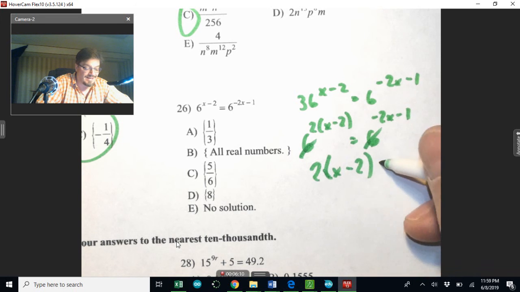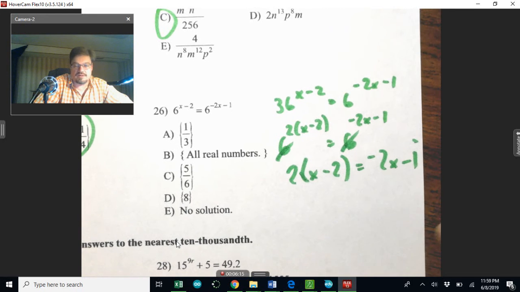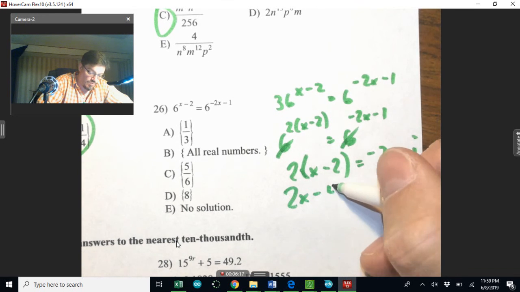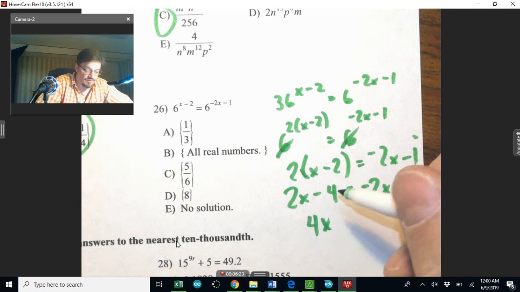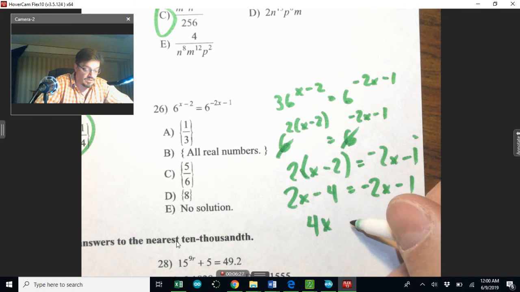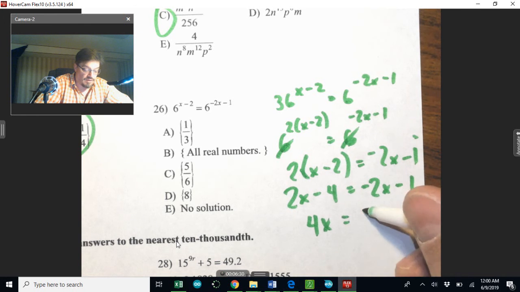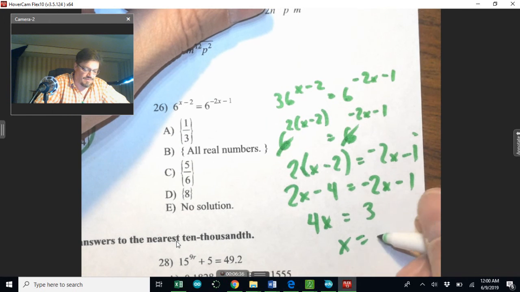You're left with 2 times x minus 2 equals negative 2x minus 1. So 2x minus 4 equals negative 2x minus 1. Let's move this over here to get 4x, and move this over here to get 3. Now I'm going to divide by 4, you get 3/4.